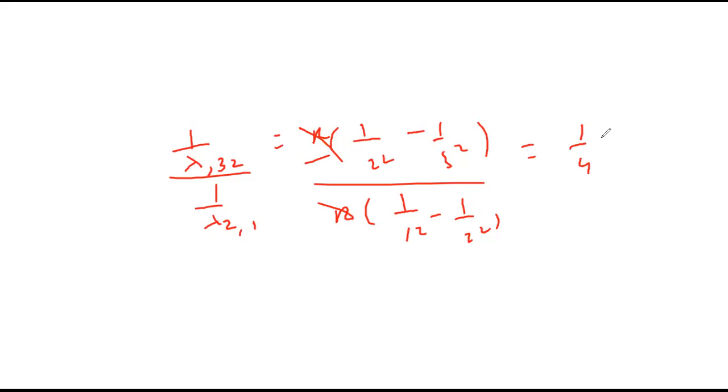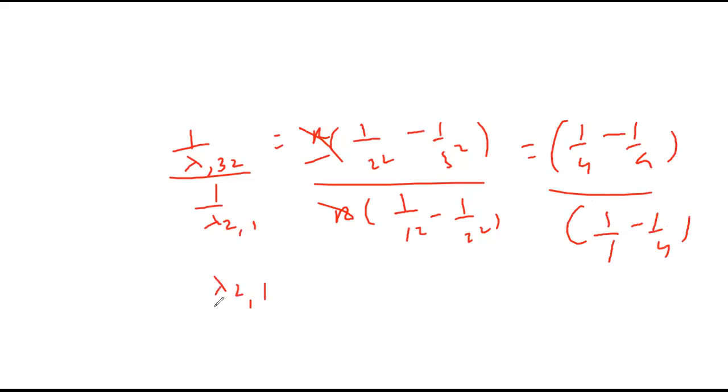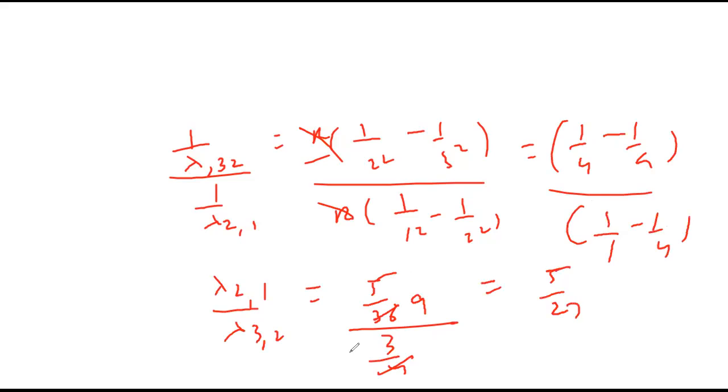So you can write 1 by 4 minus 1 by 9 divided by 1 minus 1 by 4. So lambda 2 to 1 upon lambda 3 to 2 will become 5 upon 36 divided by 3 by 4. 4 nines are 36, so we get 5 upon 27. When you take reciprocal, then 3 to 2 upon 2 to 1 will become 27 upon 5. So A is 27 upon 5. Okay? Yes, that itself is correct. So B option is correct.